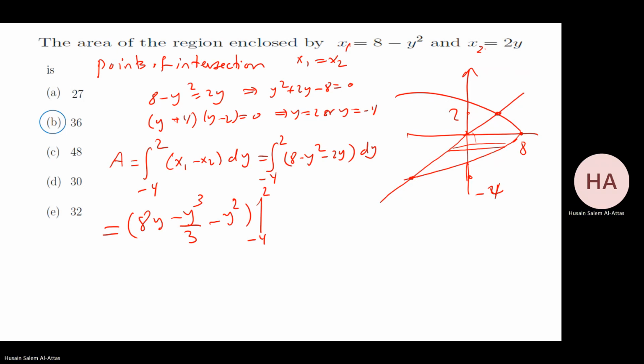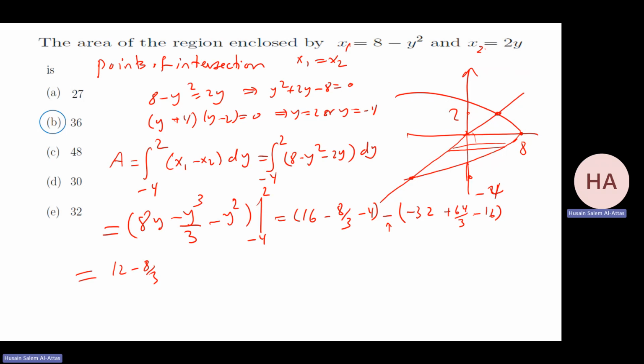That will be 16 minus 8 over 3 minus 2, minus, this is minus 32, plus 64 over 3, minus 8. So that will give me 16 minus 4, which is 12, minus 8 over 3, minus 32 minus 16, that will be plus 48.